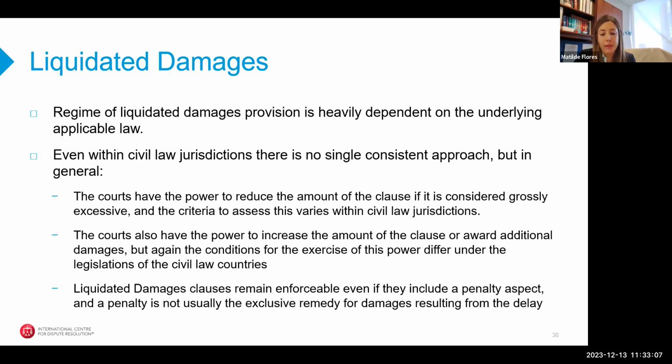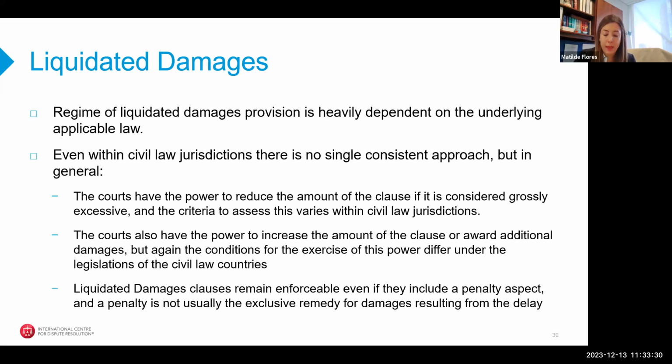So, for example, in the civil law jurisdiction, courts have the power to actually reduce the amount of liquidated damages in the clause if this is considered to be grossly excessive. And the criteria to assess this varies per jurisdiction. In addition, civil law courts have the power to increase the amount of the clause or award additional damages.